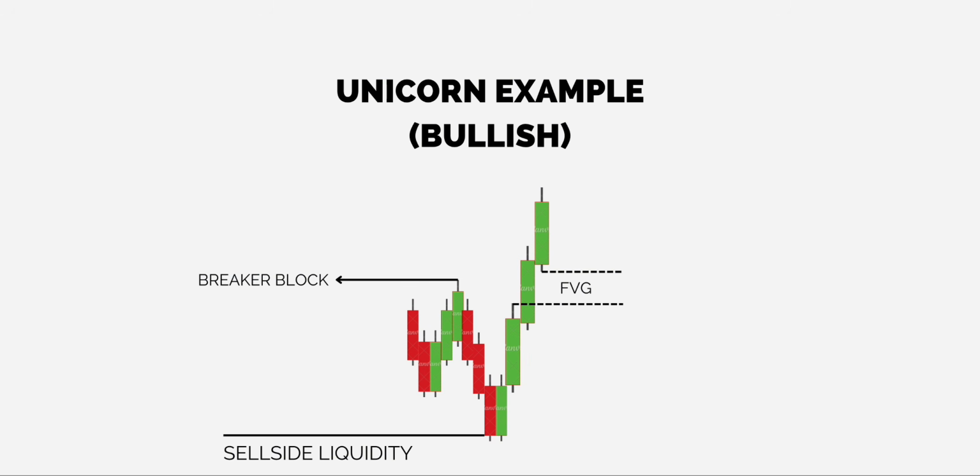Now, if price displaces and closes above this swing high here, it will usually leave an FVG behind, and this is going to be overlapping with the breaker block. So as you can see, there are two PD arrays in this specific area. That's why it's such high probability. I'm going to be waiting for a retracement into that FVG or the breaker block, take my entry from there, and target an opposing PD array or buy side liquidity.